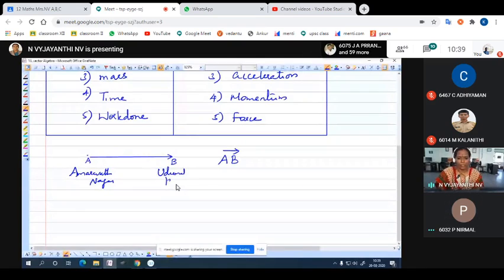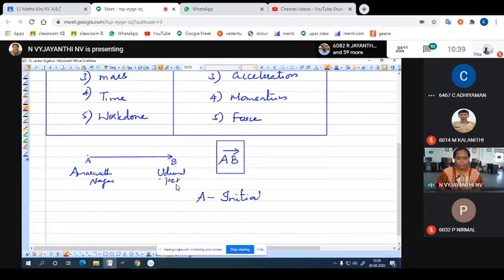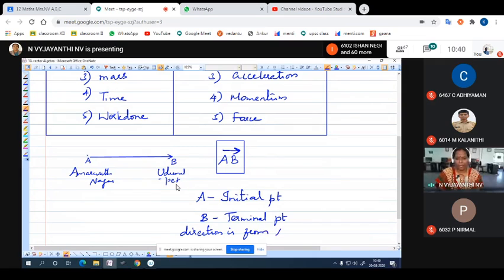What is the initial point here? A. Here A is called the initial point. B is called the terminal point. This arrow mark indicates that the direction is from A to B.